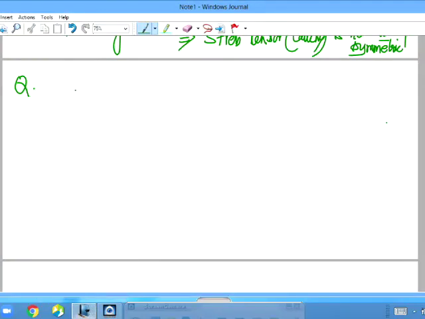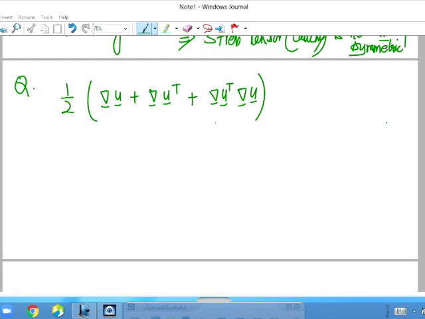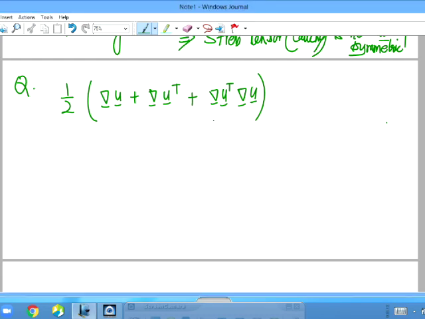You can recall we came across this expression, and then we said that the last term here is quadratic in displacement gradient.